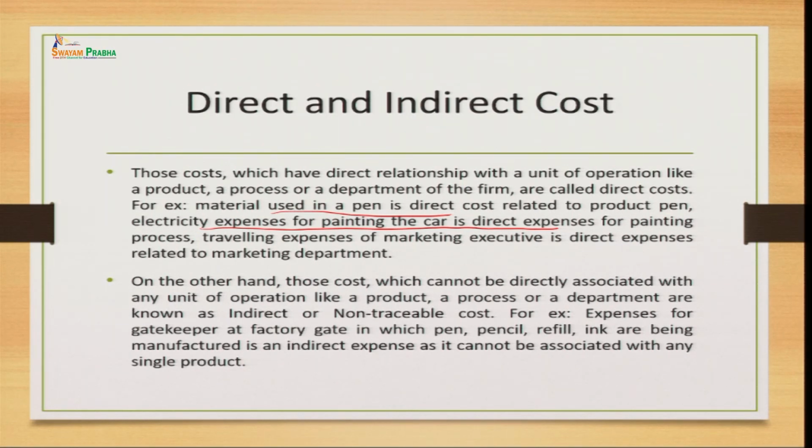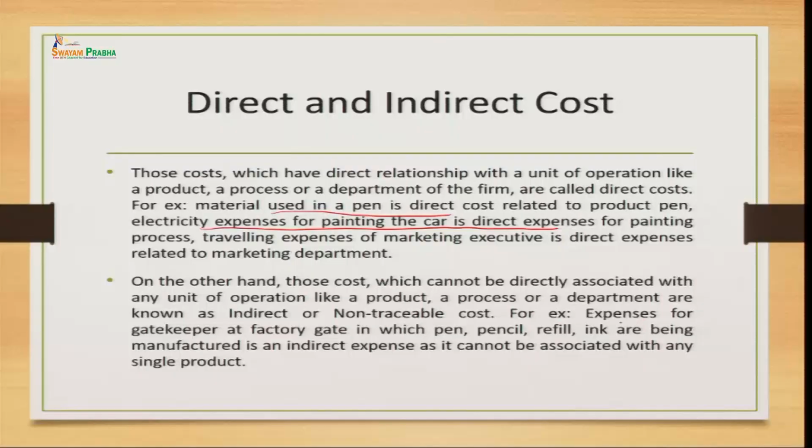Opposite to it, we have indirect cost. Indirect costs are those costs which do not have a direct relationship, for example, expenses for the gatekeeper at a factory gate. There is a gatekeeper at the gate, but inside the factory you are producing pens, pencils, refills, ink.